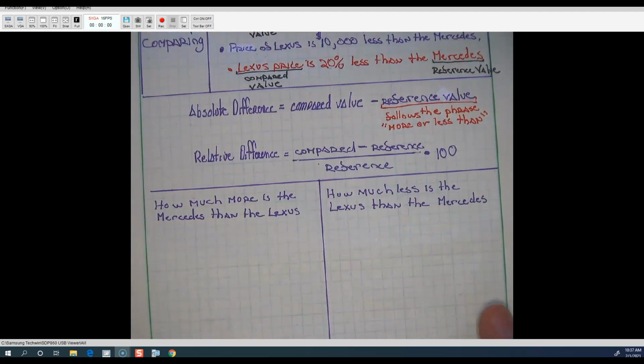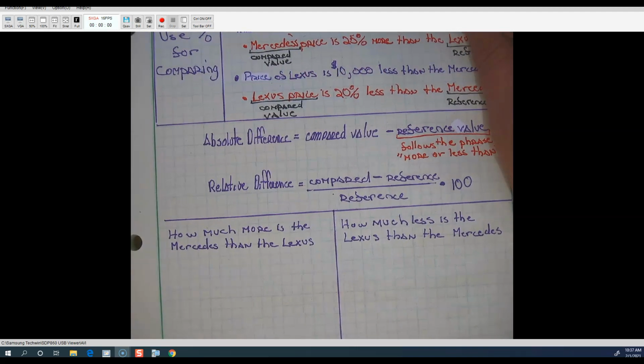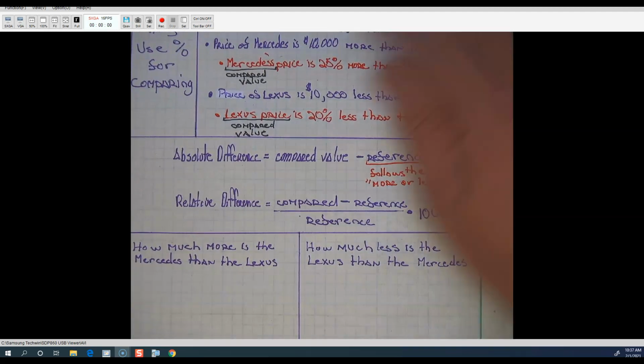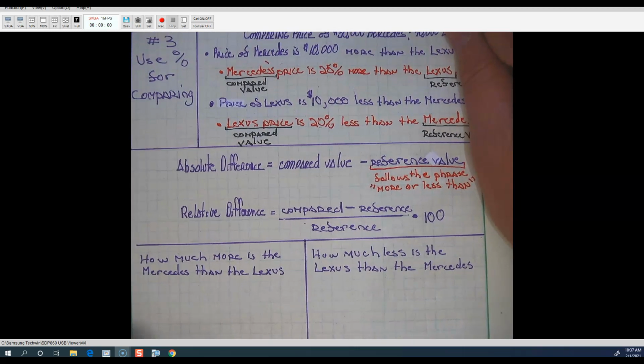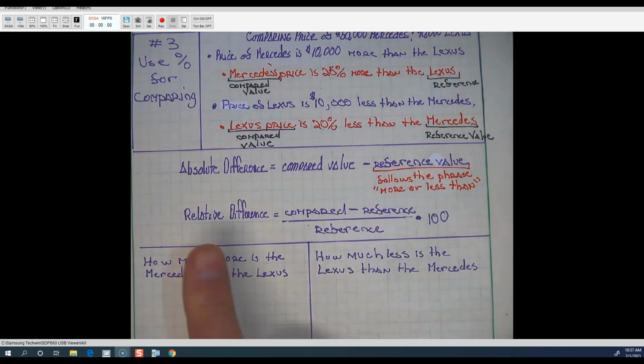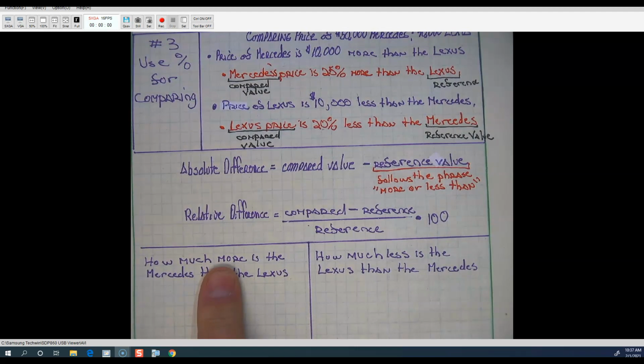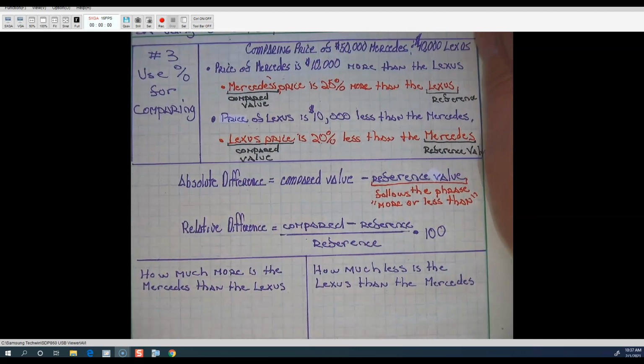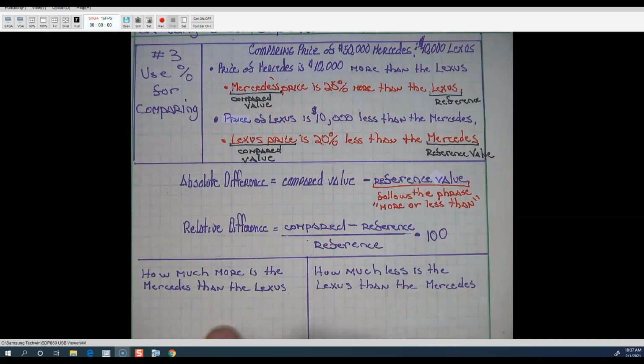Okay, so if you were given this prompt, and I said, I want you to use percentages to answer this question. So I want you to be able to take something like this, take the information that one is 50 and the other one is 40, and use percentages to describe how these two things compare to each other.